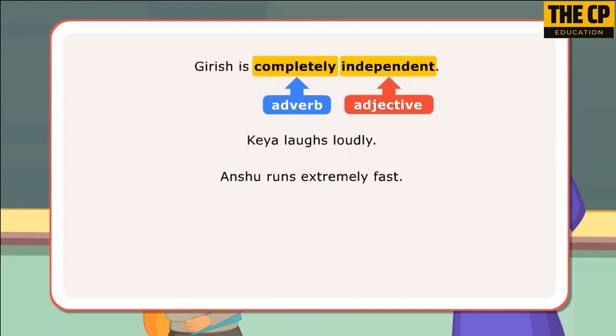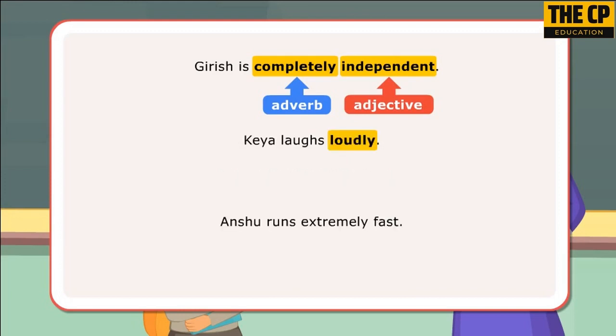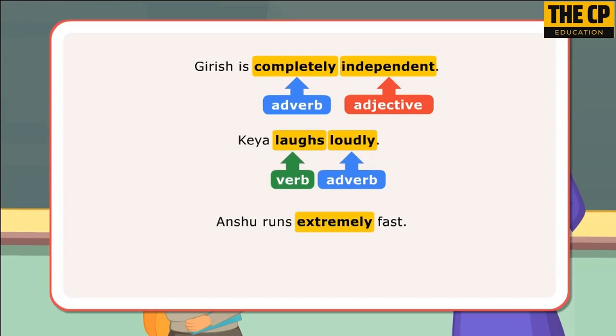In the next sentence, loudly is an adverb, as it modifies the verb laughs. In the third sentence, extremely is an adverb, as it modifies the adverb fast.